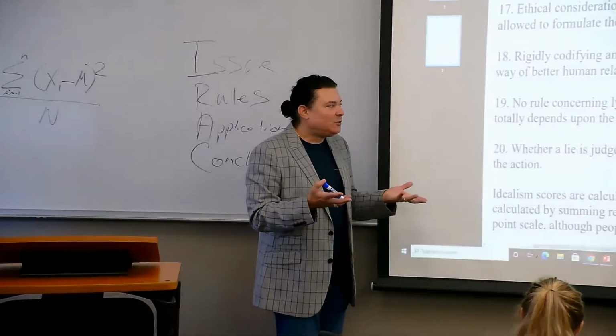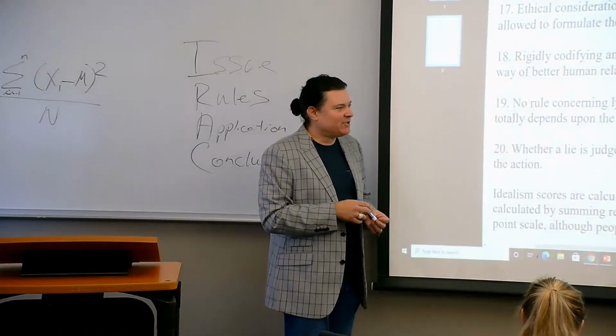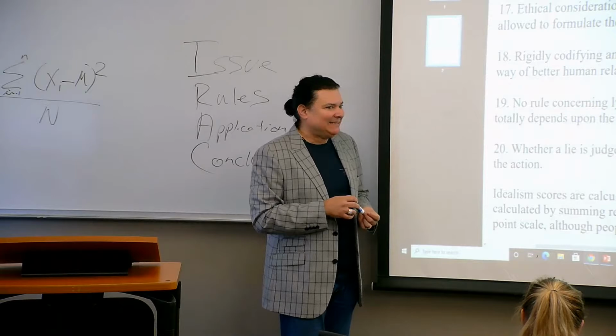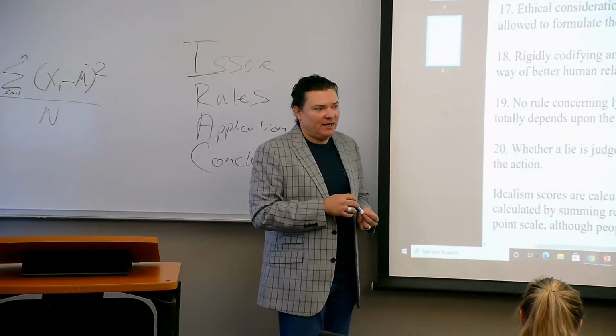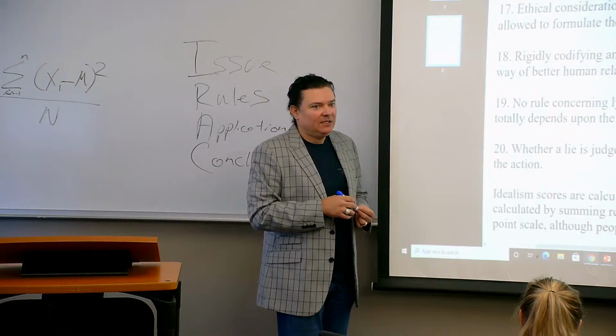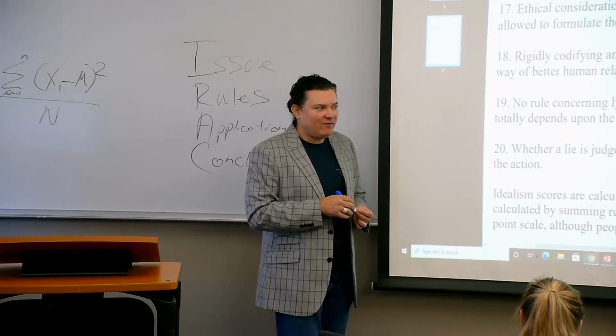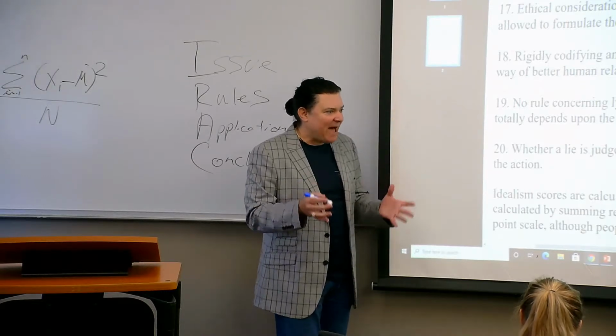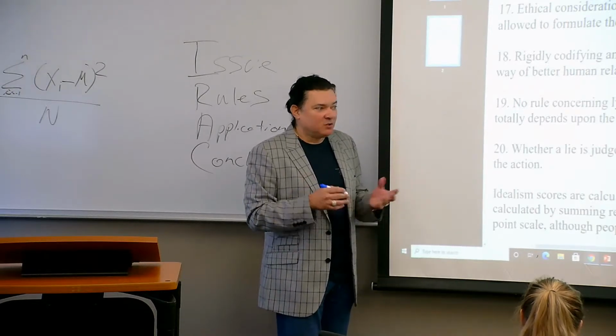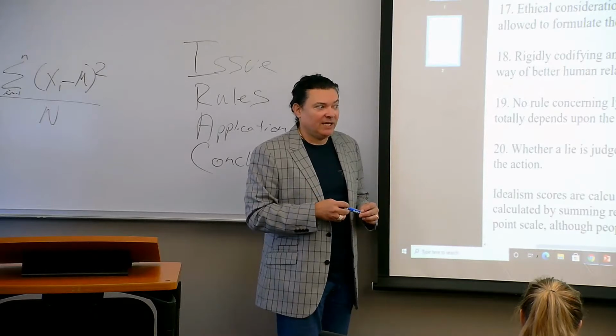Now, when you apply it to ethics, I can see what you're saying. There are no absolutes. I think there are absolutes. I would argue that there are. You know, like you should never kill another human being with malice aforethought. This is a rule and we follow it rigidly, right?